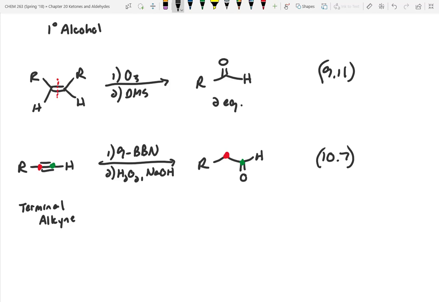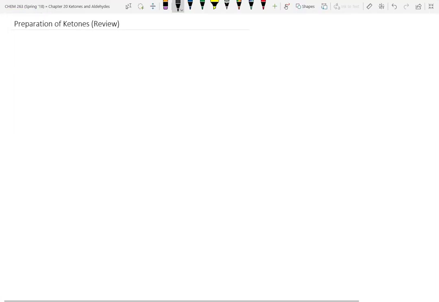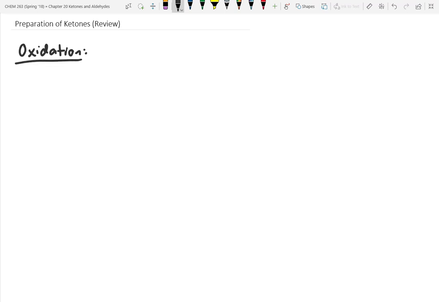All right, let's do the same thing for ketones, and we'll do some review. All right, so for ketones, we can prepare them through a variety of oxidation reactions. This time we're going to use a secondary alcohol. We're going to make this into a ketone.